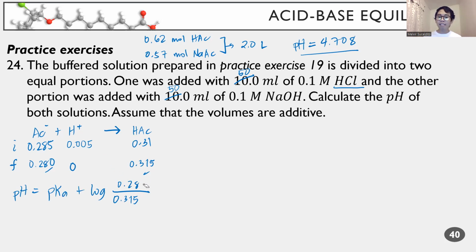We can still do the ice table, pero since this is a buffer, and both the acetate ion and its conjugate acid are present in significant amounts, we can just use the Henderson-Hasselbalch equation.